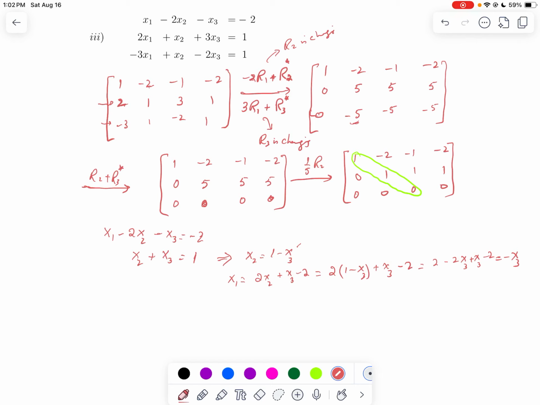So x3 is an independent variable, or a free variable.